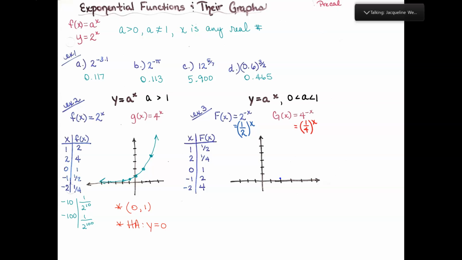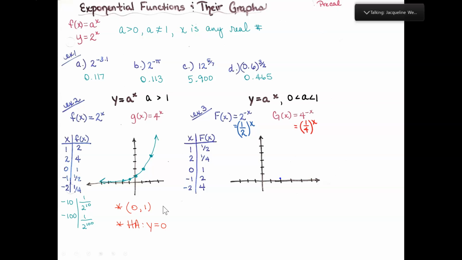So if you had anything raised to the 0, what's that going to be? 1, with the exception of 0. 0 to the 0 is undefined, but that's not in our domain for this function. Because if you come back up here, remember that a has got to be greater than 0, so we're never going to encounter that. So that means that every single number that we would plug in a 0, we would always get a 1. So those are going to be our two landmarks.